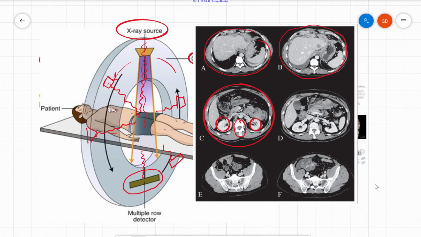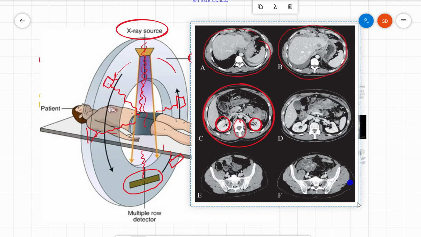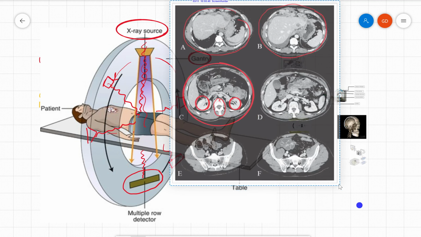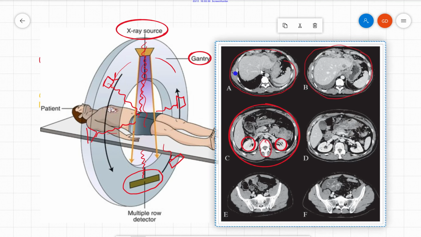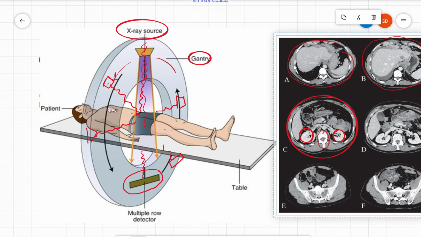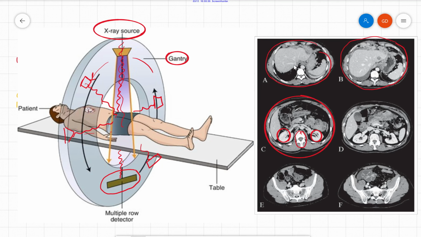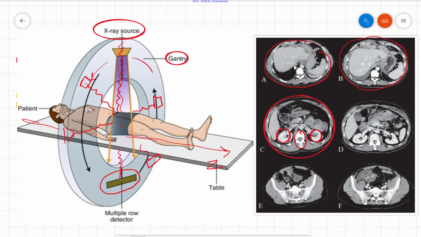After this, the patient will be moved in this direction, which is here the Z direction. Okay, and the process will keep going.